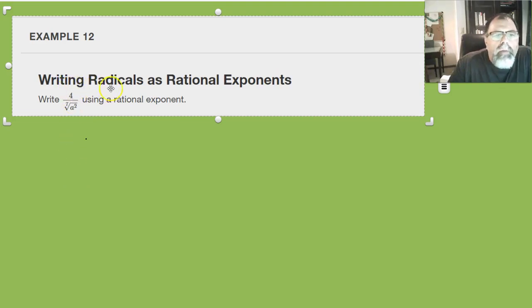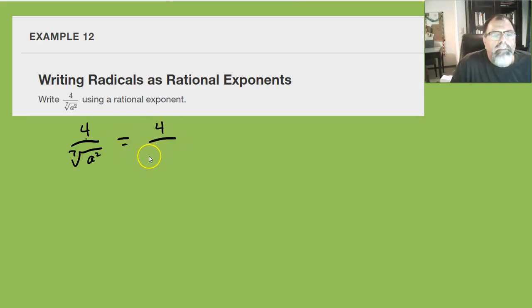Example 12, writing radicals as rational exponents. Write 4 over the 7th root of a squared using a rational exponent. So we're going to go in the other direction. So we have 4 over the 7th root of a squared. Now they're not telling us to simplify this, just write it using a rational exponent.